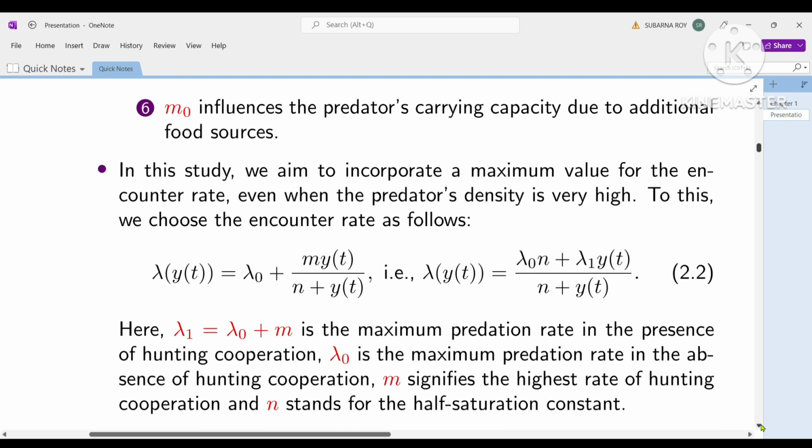So in this study our main aim is to incorporate a maximum value for the encounter rate. So what is encounter rate?